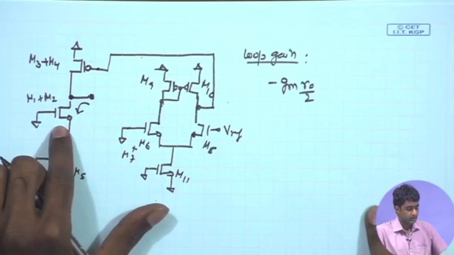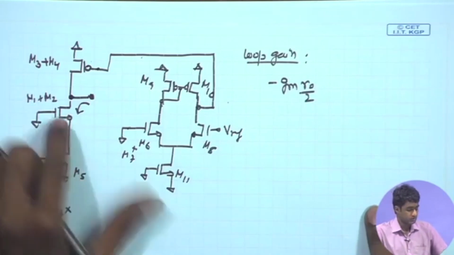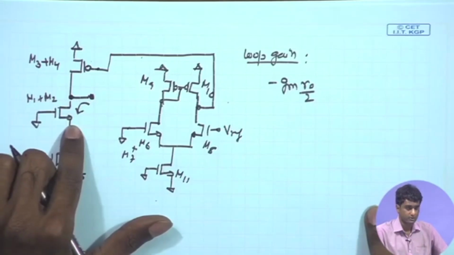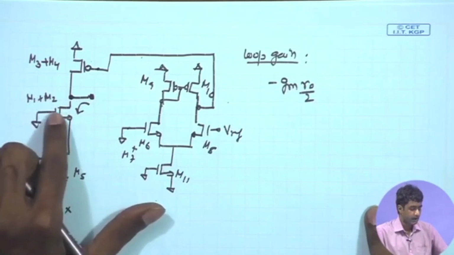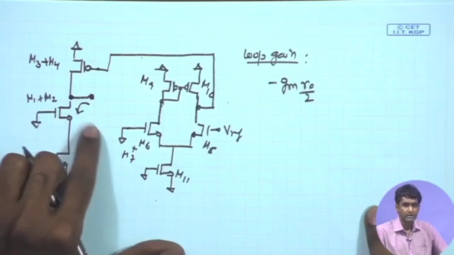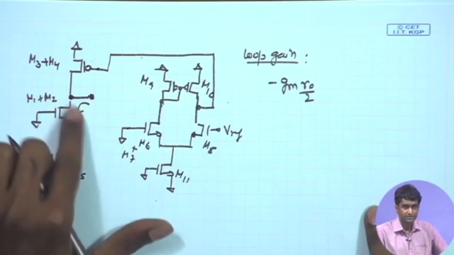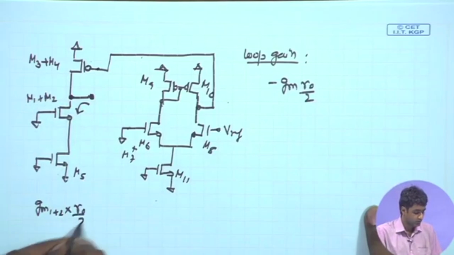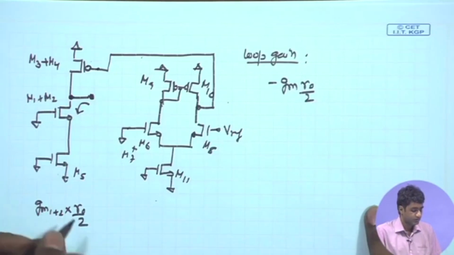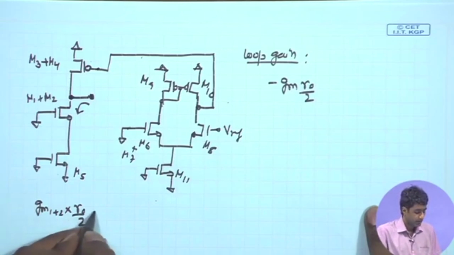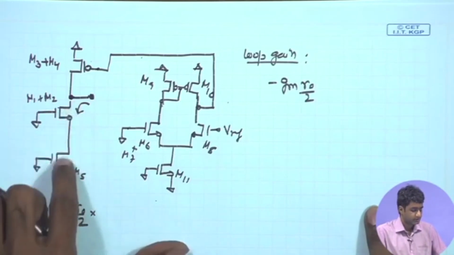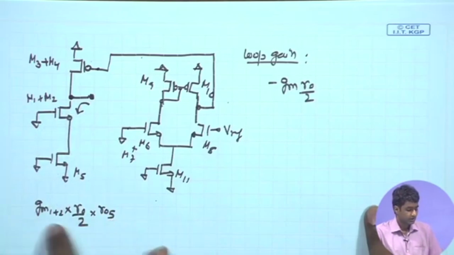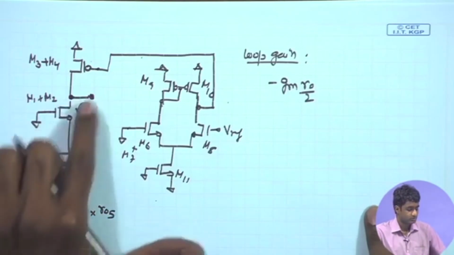The total current flowing through the pair is of course just double that of the individual transistor, and as a result the ro of the combined transistor is going to be half of the ro of the individual ones. So, I can just write ro by 2, and in fact this gm1 plus 2 we can write down as 2 gm, and this times the ro of M5, so ro5. So, this is effectively the overall small signal resistance looking into the drain.